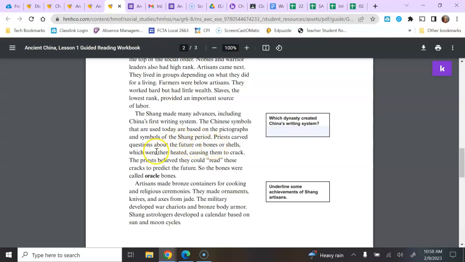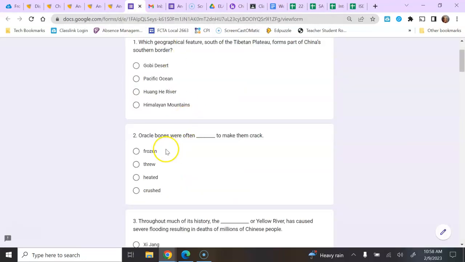Priests carved questions about the future on bones or shells, which were then heated, causing them to crack. The priests believed they could read these cracks to predict the future, so the bones were called oracle bones. So what did they do to the bones? Were they frozen, threw them, heated them, or crushed them?